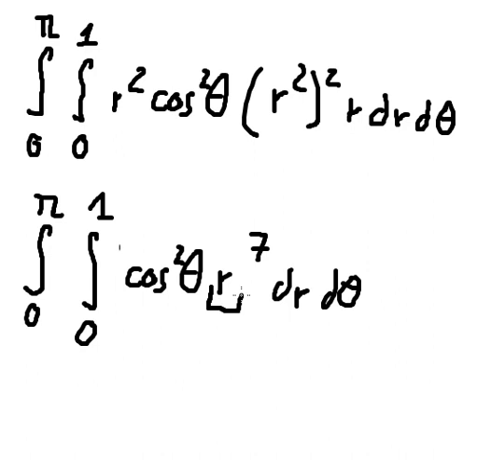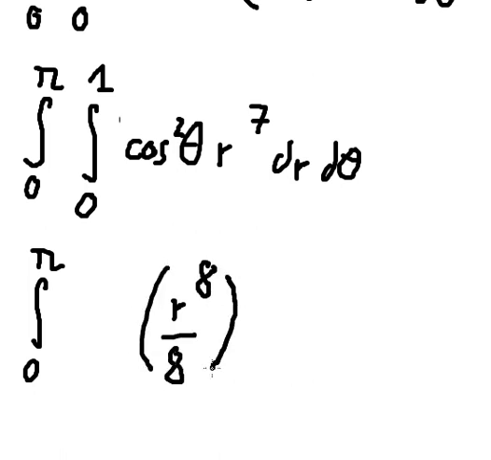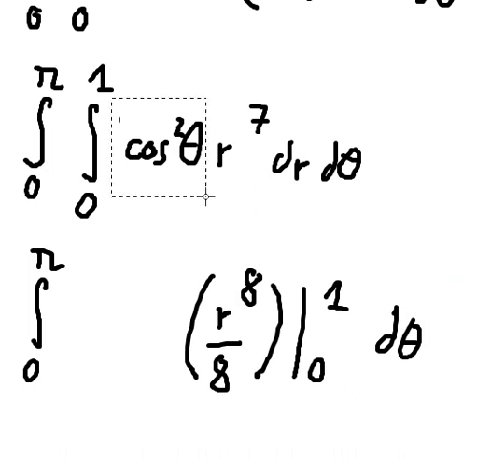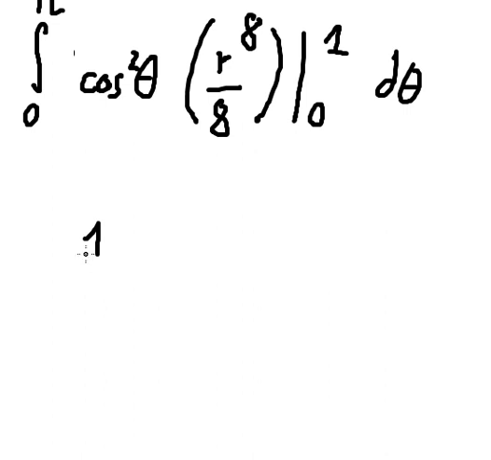So the integration of this one is r to the power of 8 over 8, and then we put the bounds from 0 to 1. So I will put 1 here, 0 here. So we have 1 over 8.